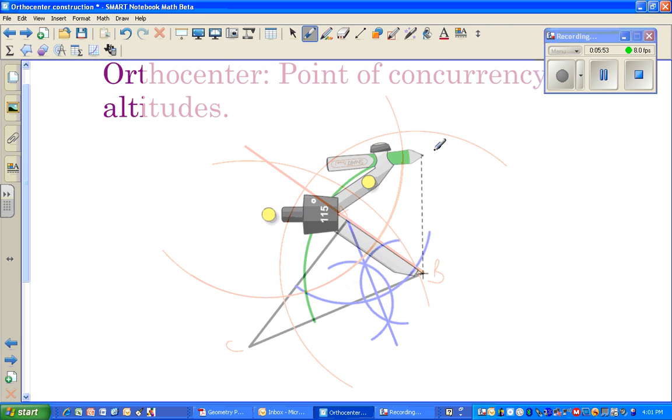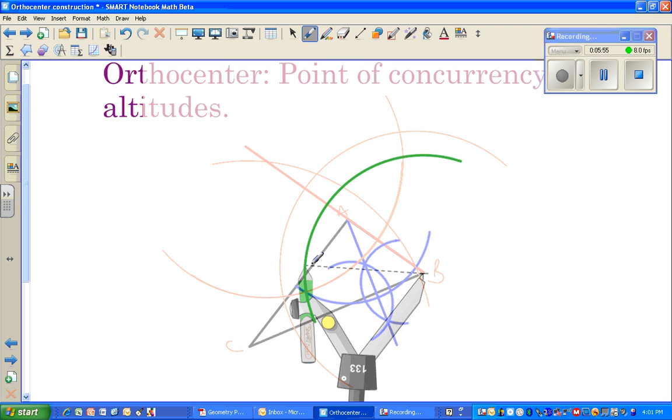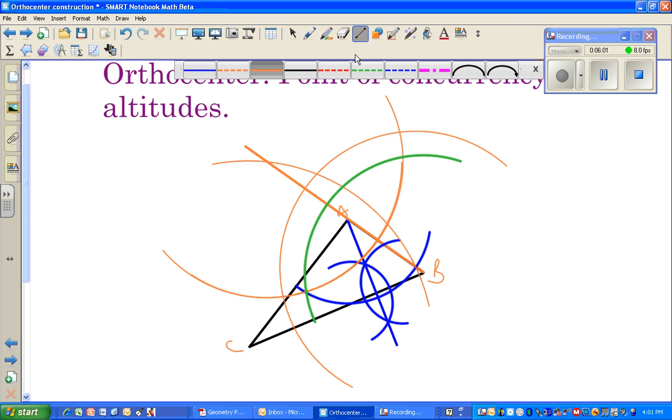Again, side AC wasn't big enough to intersect the other side of that smile. So I'm going to have to extend that side of the triangle also. I'll do that with a dotted line here. Now I'm going to need to pivot on the two endpoints of this smile, here and here, and bisect that segment.